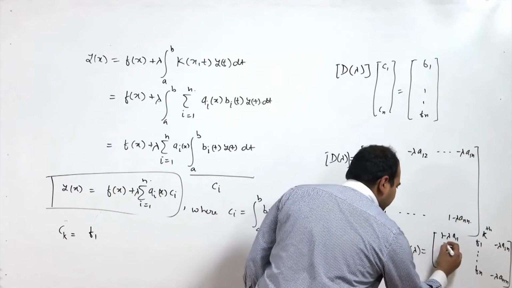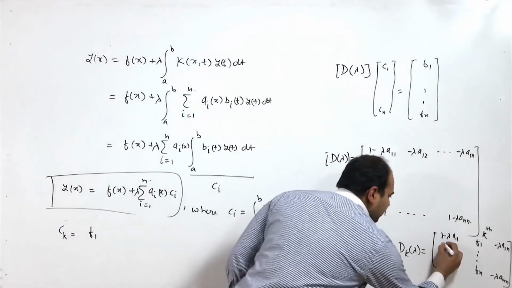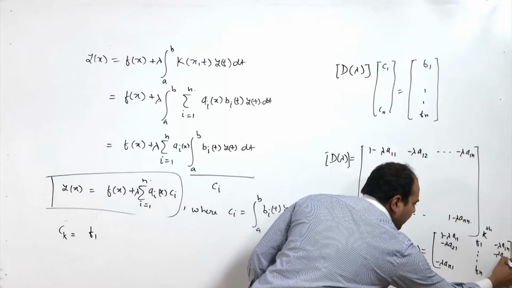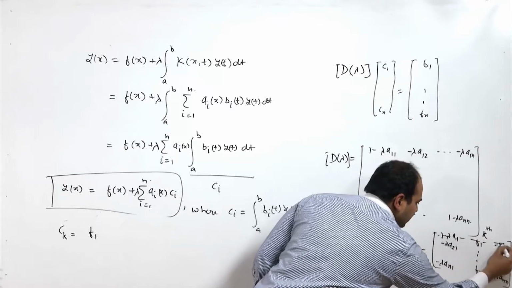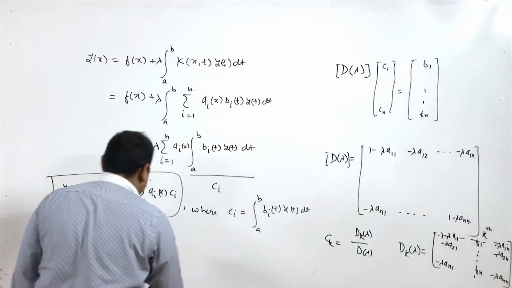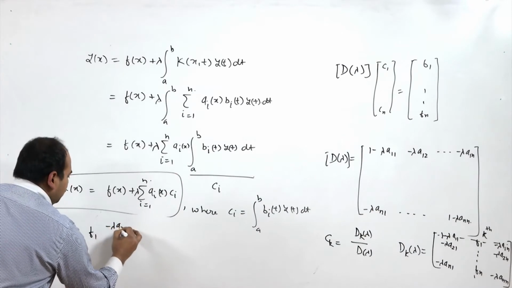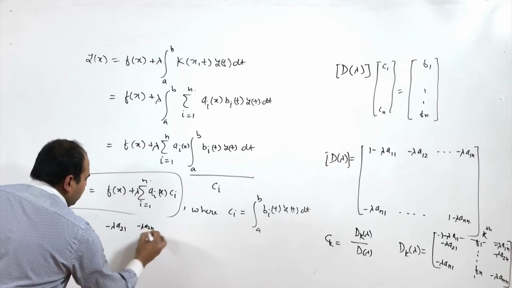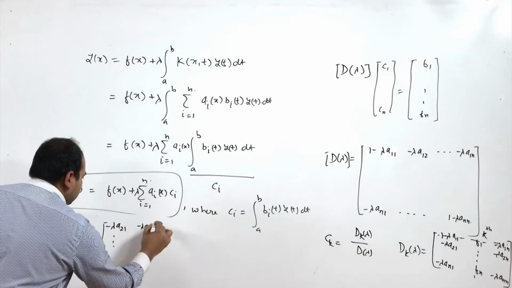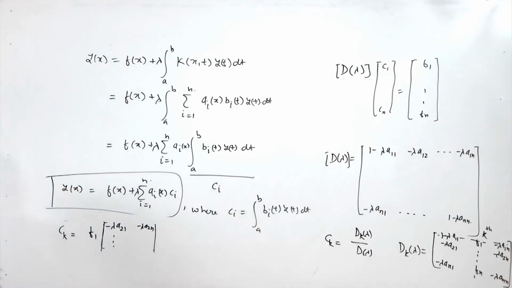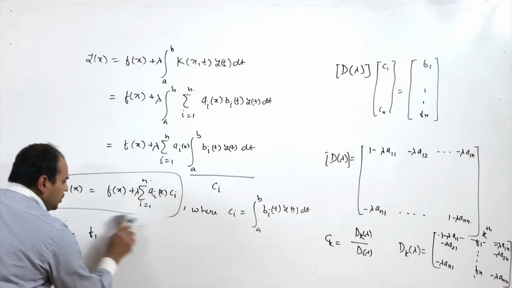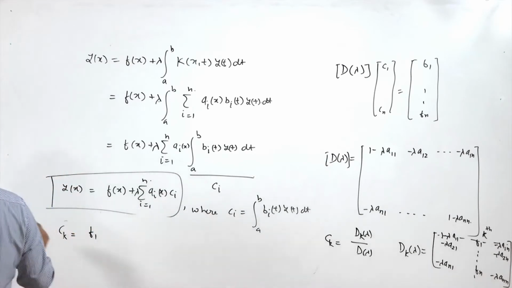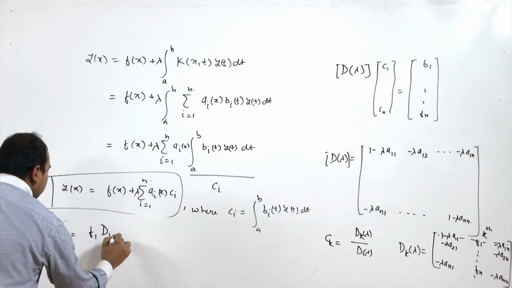Then we write minus lambda a21 up to minus lambda a2n, so this row is deleted and this column is deleted, the kth column is simply gone. So this is a determinant, represented as the cofactor corresponding to position 1k.